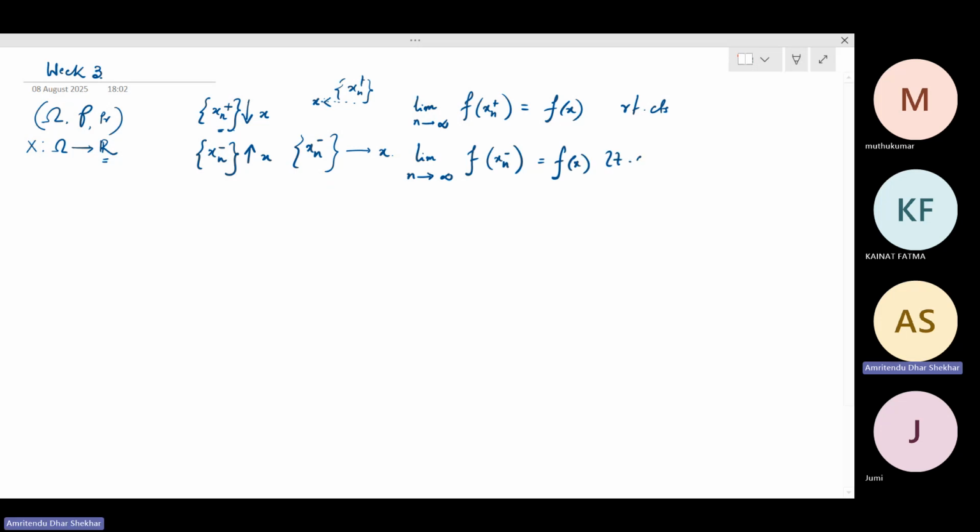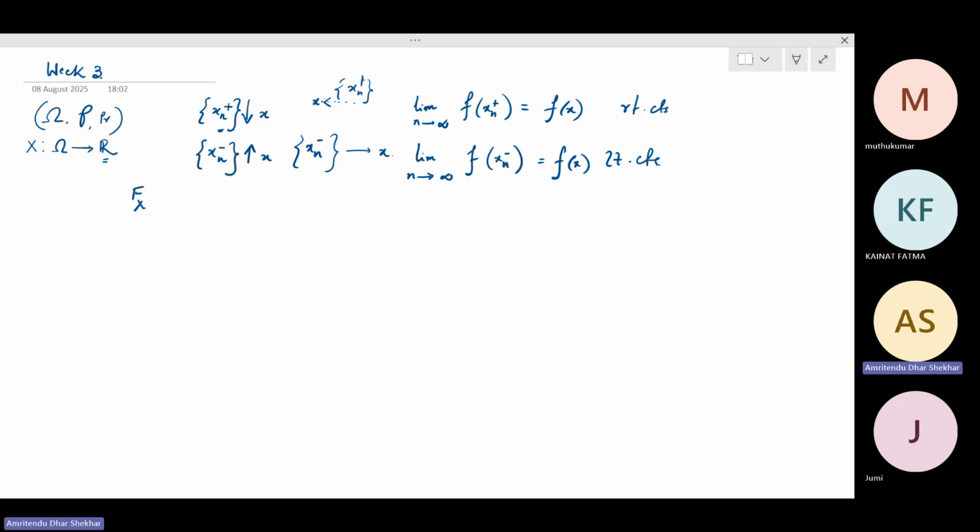This is for left continuous. Now, of course, the function that we're interested in over here is our CDF function, which we will denote as F subscript X, and the CDF function is always right continuous, but it's not necessarily left continuous all the time.